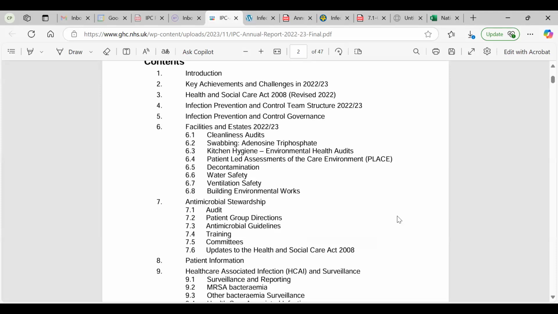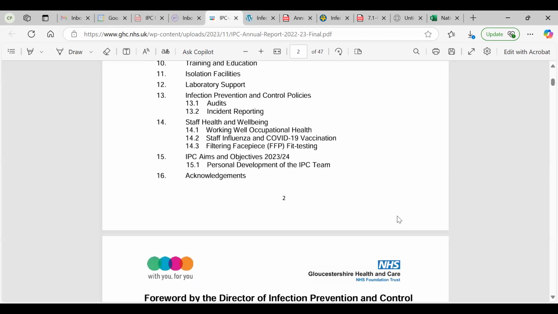Their assurance against the code, the team structure, the governance. Then they go on to have the facilities and the estates elements in there, the cleanliness, all the way through there, the antimicrobial stewardship, and their audit results are in there, patient information, healthcare associated infection surveillance, their isolation facilities, lab support, policies, staff health and wellbeing, and their aims and objectives for 2023.